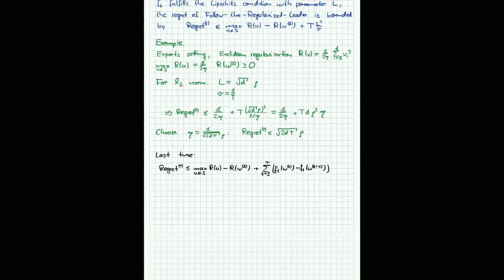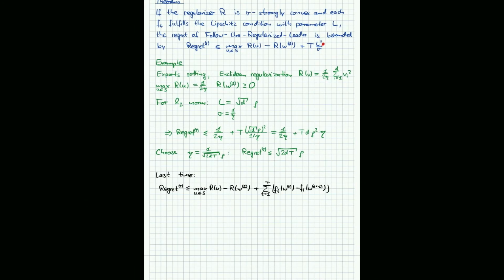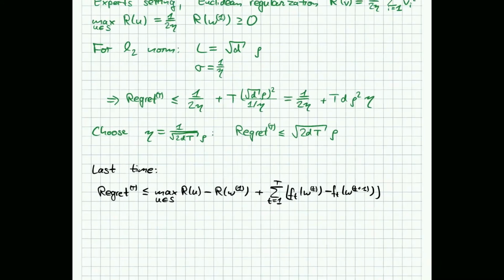Now if we compare the two bounds, we see the first part is the same. We only have to show that this here is bounded by this t times L squared over sigma.